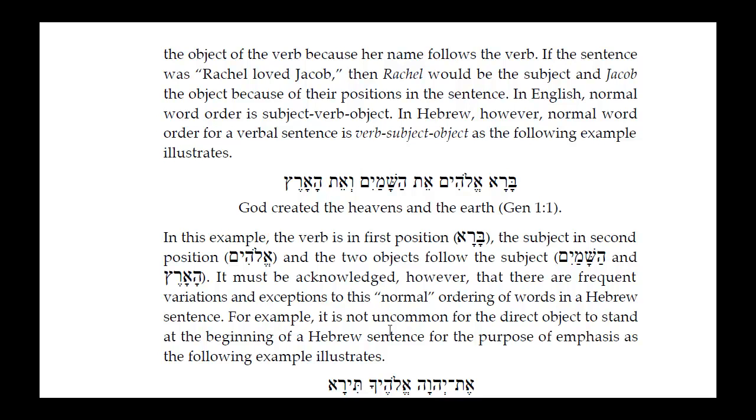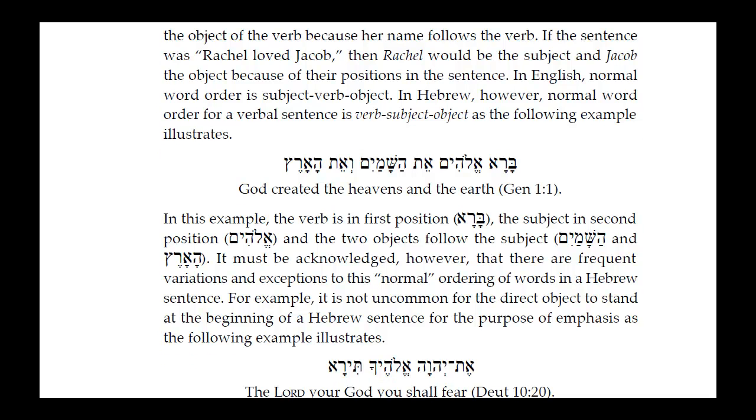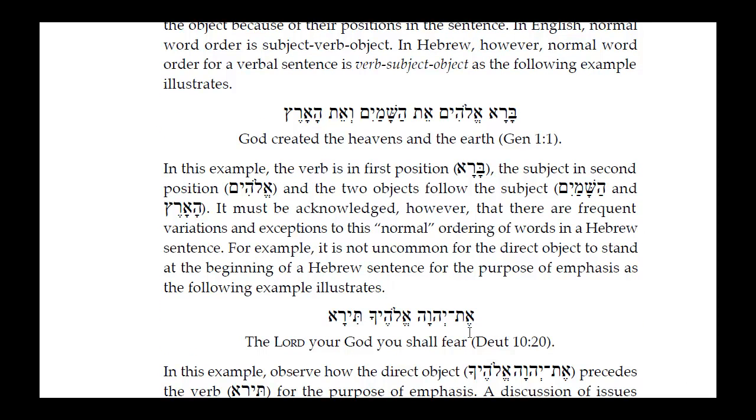For example, it's not uncommon for the direct object to stand at the beginning of a Hebrew sentence for the purpose of emphasis. This is very important. As in the following example, it's a way that the writer brings emphasis to the structure here. Et Adonai Elohecha tira. The Lord, your God, you shall fear.